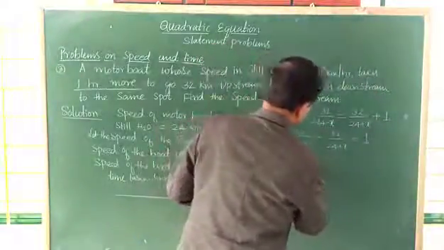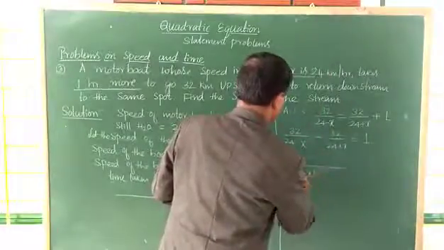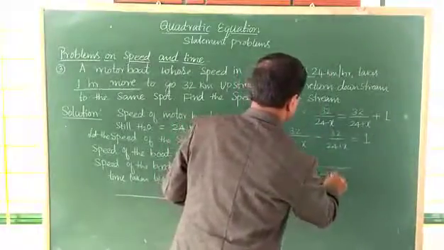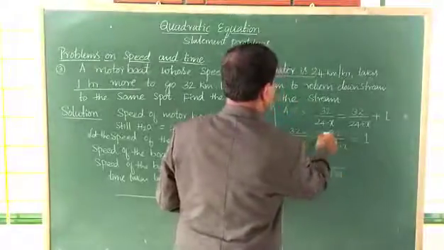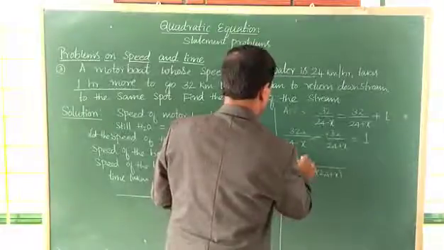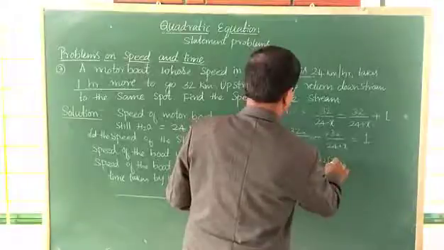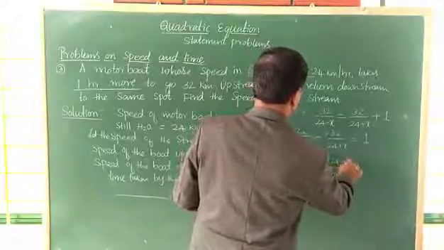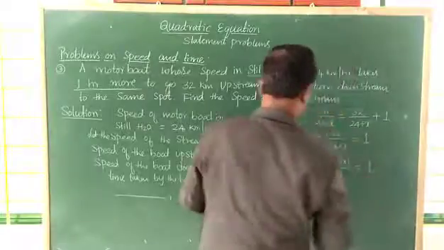Now the LCM is (24 minus x) into (24 plus x). So cross multiplication: 32 into (24 plus x) minus 32 into (24 minus x) is equal to 1.